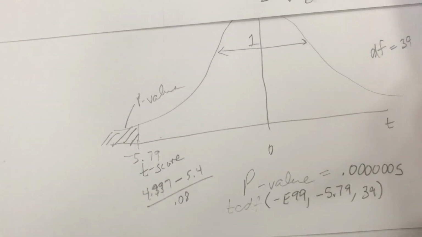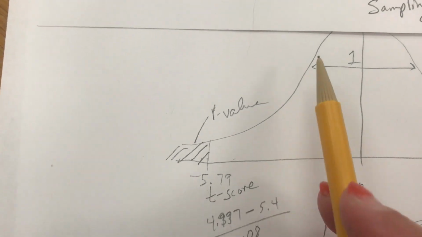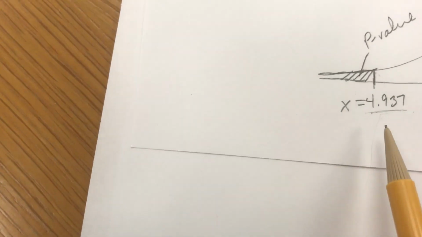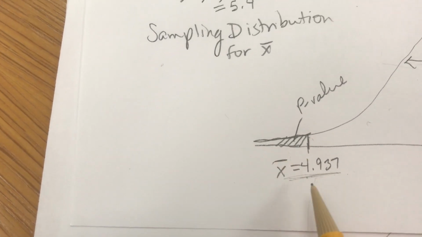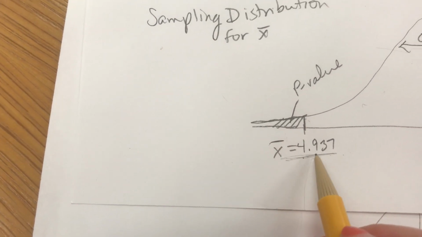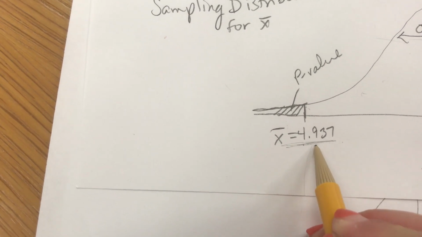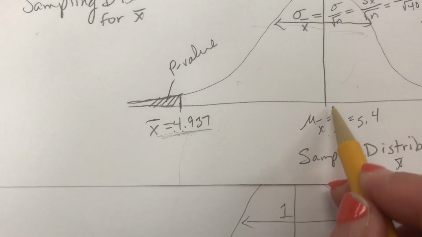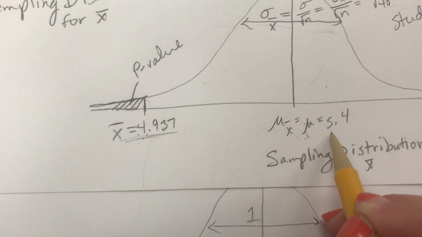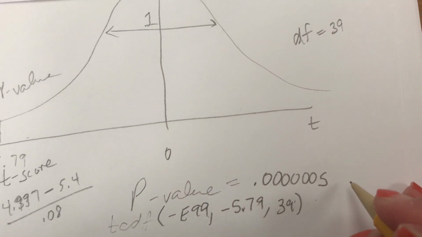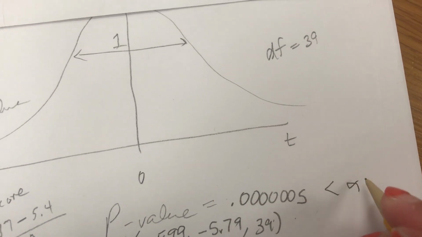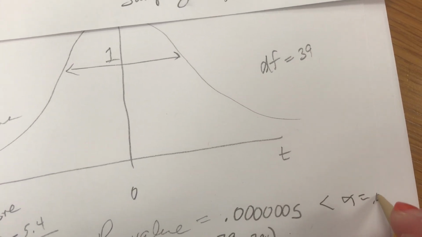The likelihood that I would get a sample having an average, and that's an X bar, of 4.937 as the count of my red blood cells, if the true average for the entire population is in fact 5.4, is really small. It happens way less than my significance level of 1% of the time.